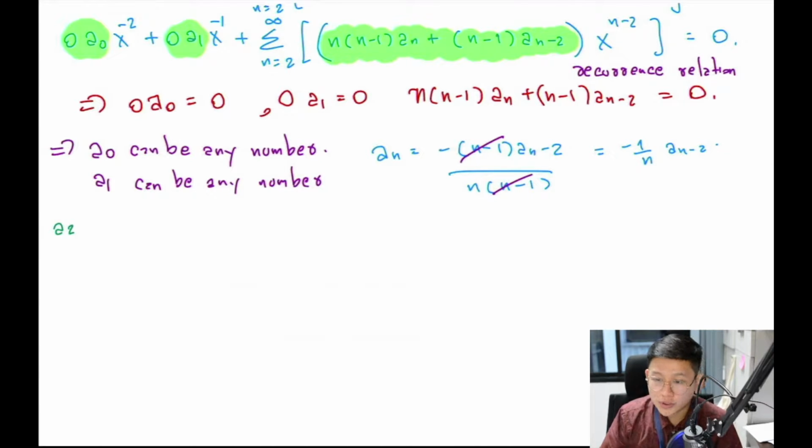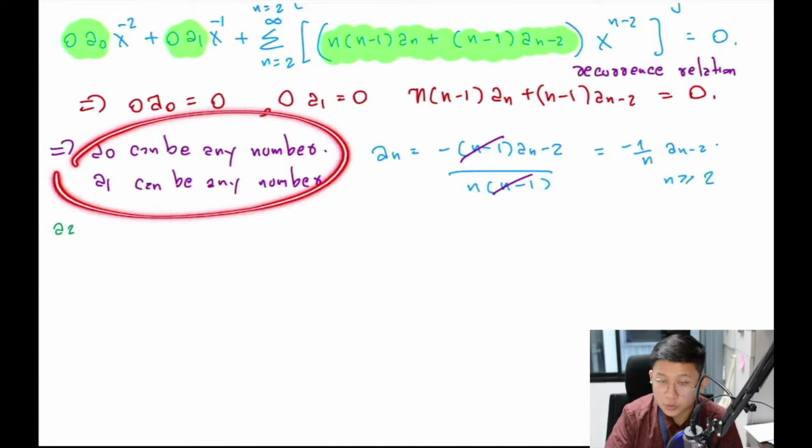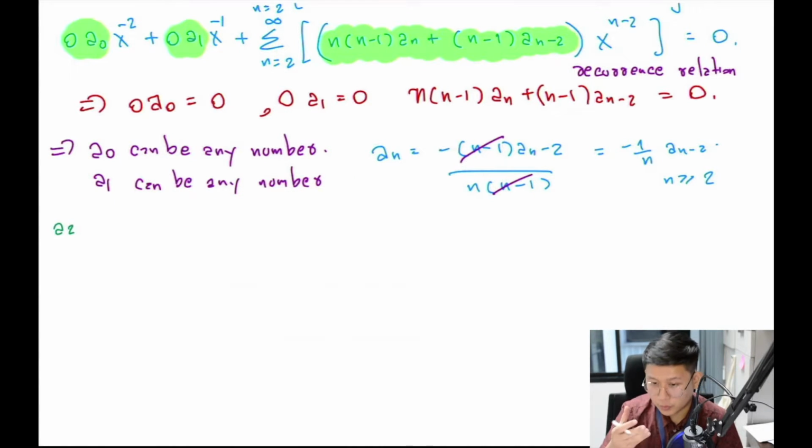Here, this condition holds when n is bigger or equal to 2, because a0 and a1 can be computed using this condition, which means that a0 and a1 can be any numbers. So n is bigger or equal to 2. What does that mean?